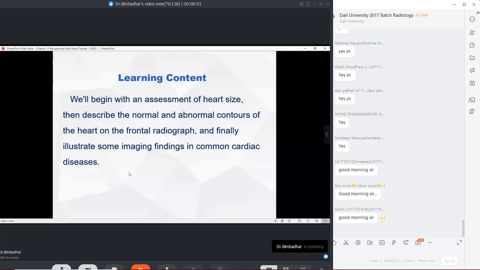We know the superior vena cava shadow, inferior vena cava shadow, right atrial shadow, right ventricular shadow, left ventricular shadow, left atrial shadow, and then the ascending aorta and aortic knuckle shadows. But we never talked about the heart as a whole.